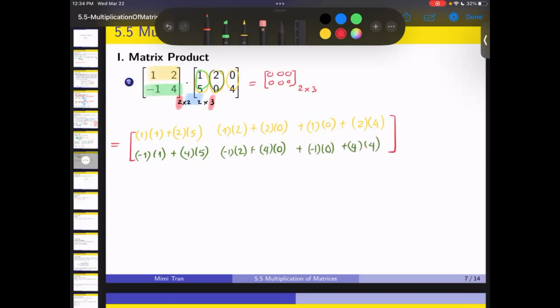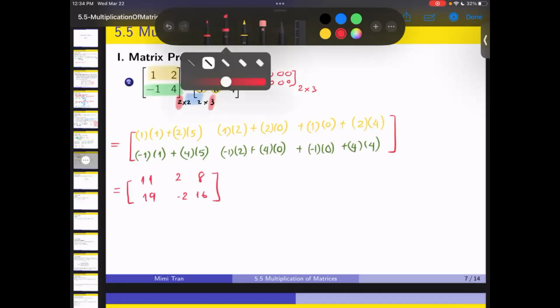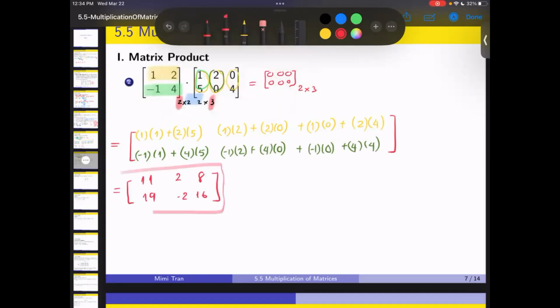And you clean that up. Now you have 2 by 3, you're done, right? 11, 2, 8, 19, negative 2, 16. You can check with your calculator, okay?